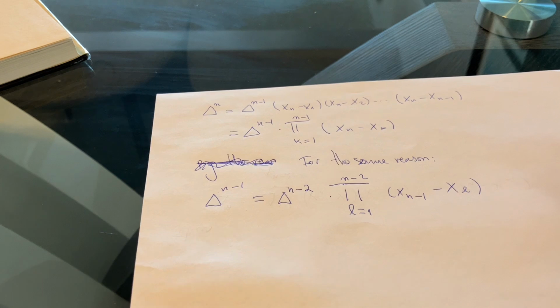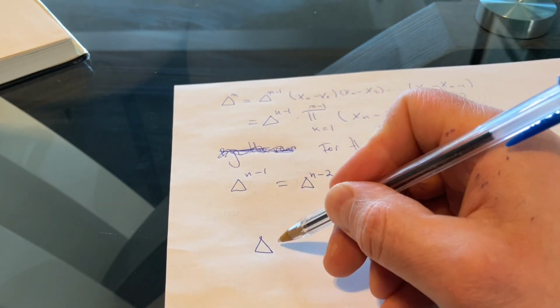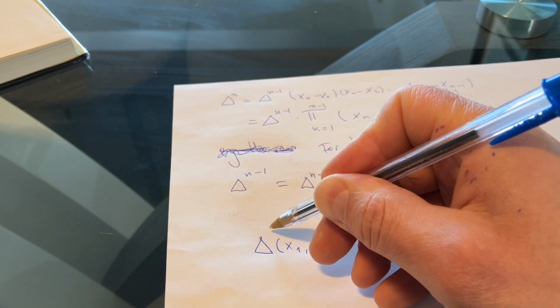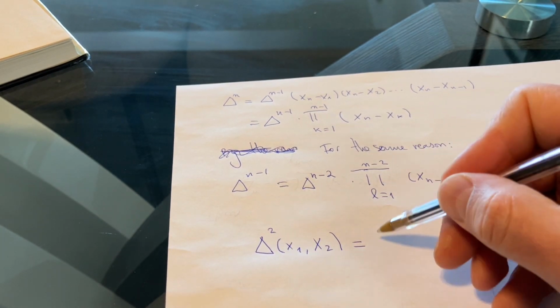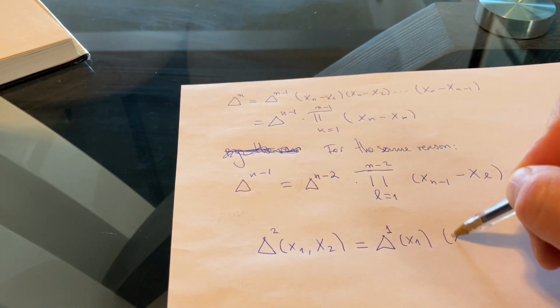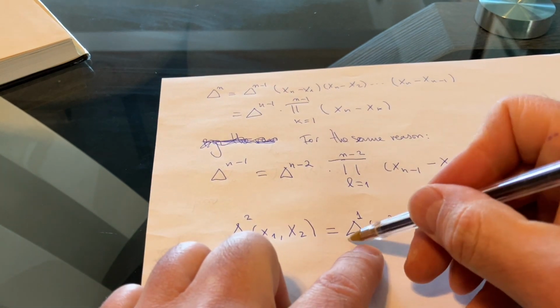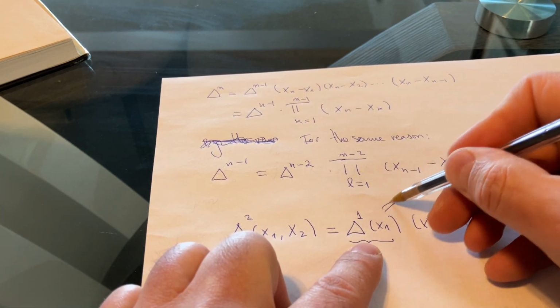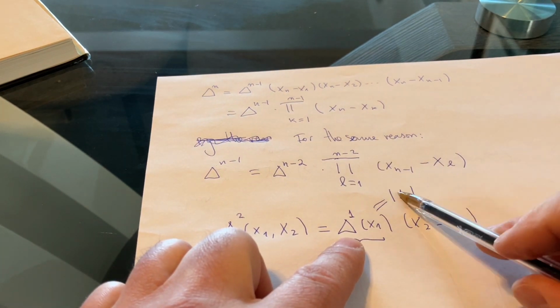For the same reason, if you keep reasoning this way, you're going to find that the Vandermonde determinant in 2 coordinates, x1 and x2, must be equal to the Vandermonde determinant in 1 coordinate, x1, times x2 minus x1. Now, obviously, this is just the absolute value of 1, which is 1.